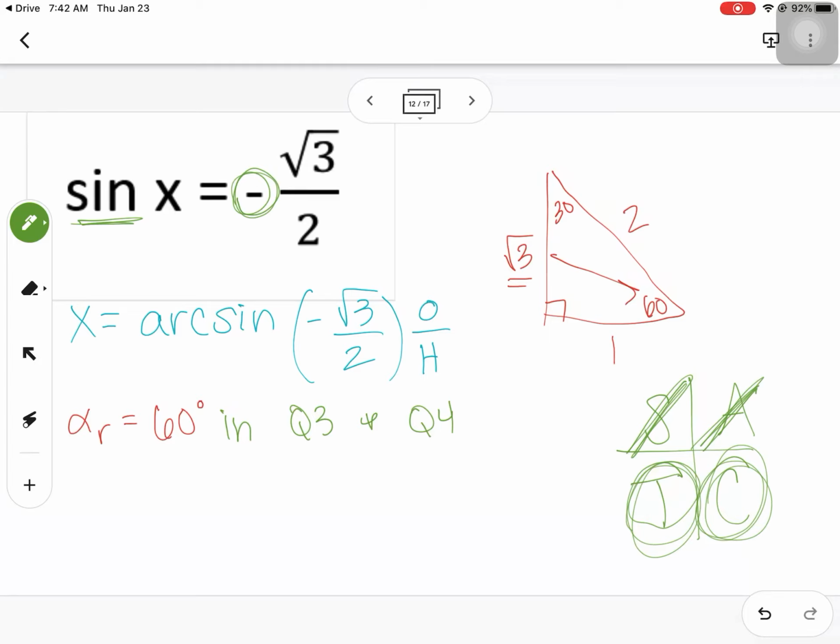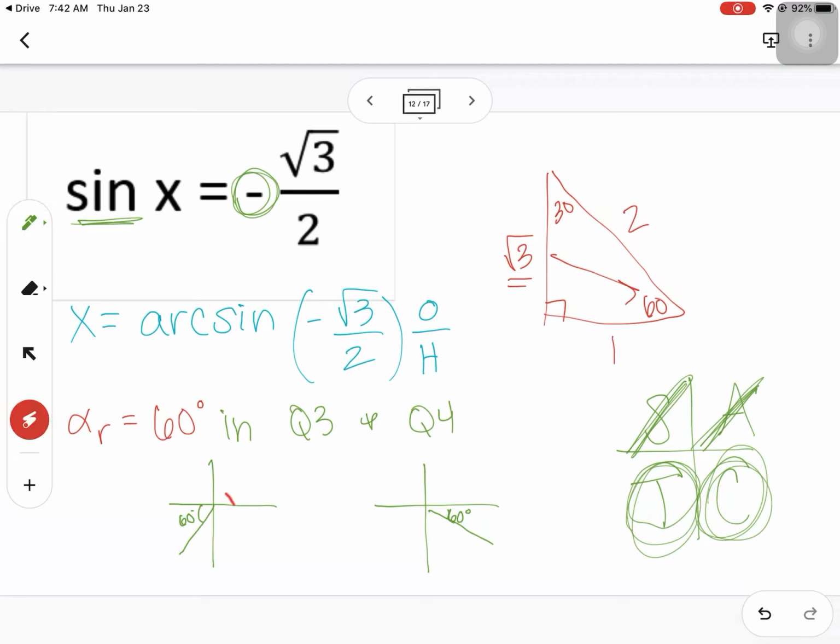Okay. Then we're going to continue to work backwards. This is where we can think about either our picture or the formulas that we memorized at the start of the chapter. We know right now that our reference is 60 and we know the location. Now we're going to find the actual angles themselves.